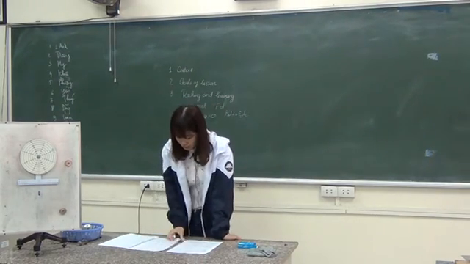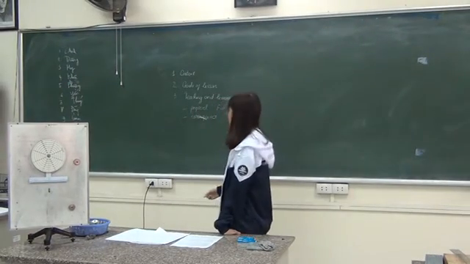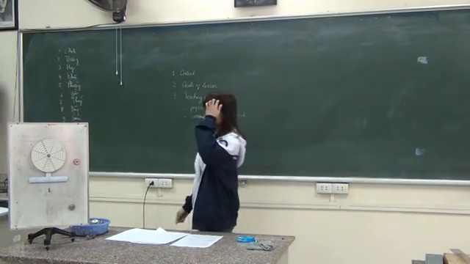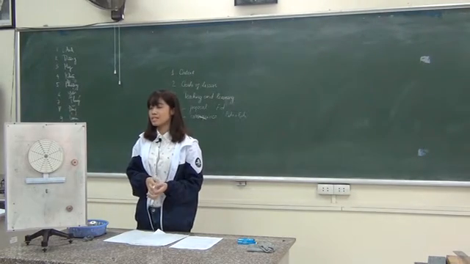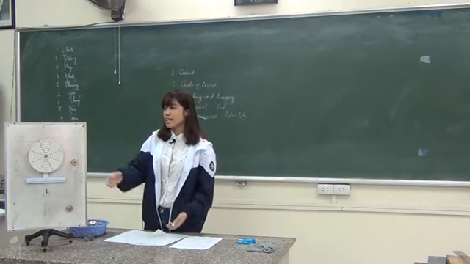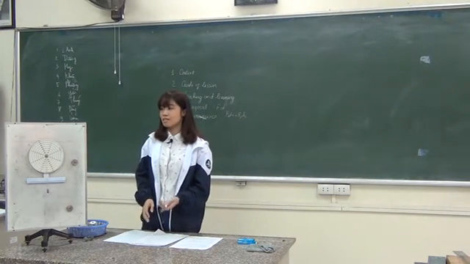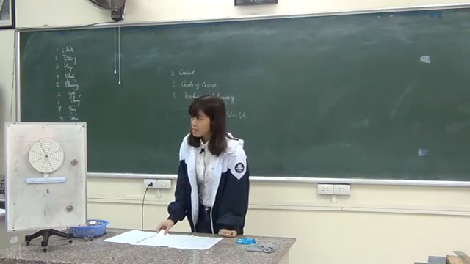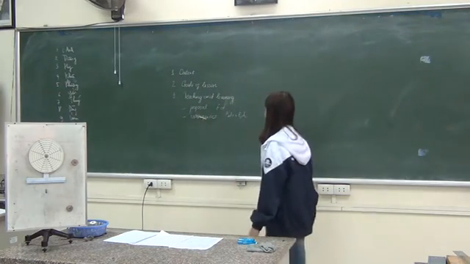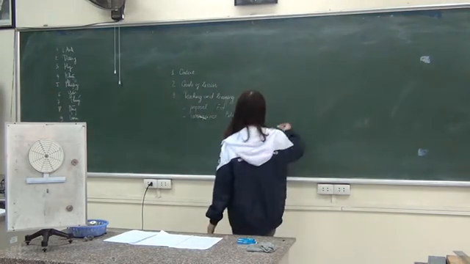And we turn to design the experiment. In the experiment, the two variables, the magnitude of force F and the distance D, are changed and measured. First, students can design the experimental setup like this.